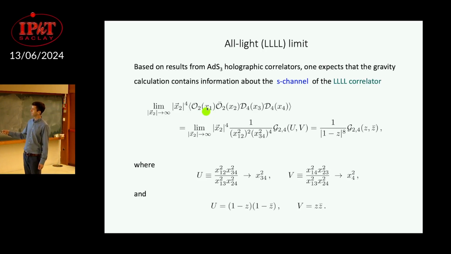And this is the dimension 4 descendant that was the light probe also in the gravity calculation. And so I have a correlator here, which is all light, where one is again sending the 3 points to 0, infinity, and 1. And one can extract a stripped correlator G24.